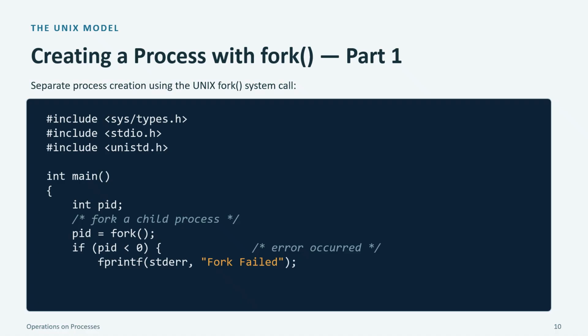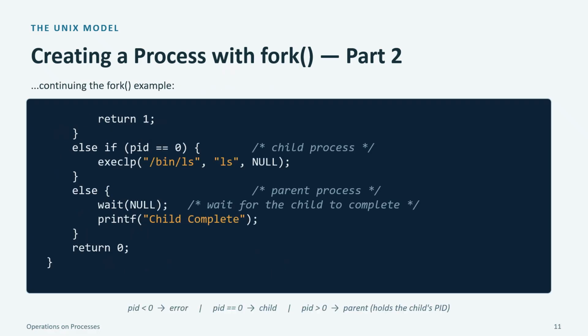If the value is less than 0, it means an error has occurred. In that situation, the program prints a message indicating that the fork operation failed. So the first condition, pid less than 0, means the process creation failed. Now let us continue the same example.